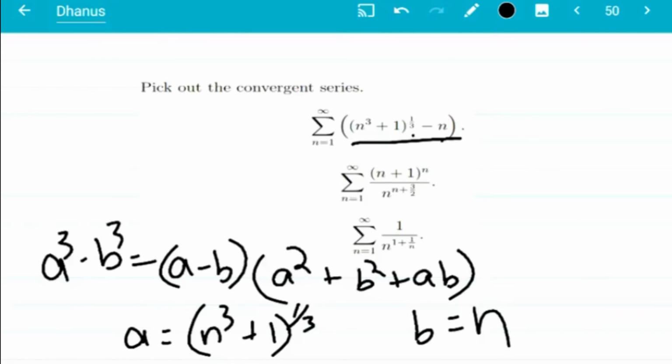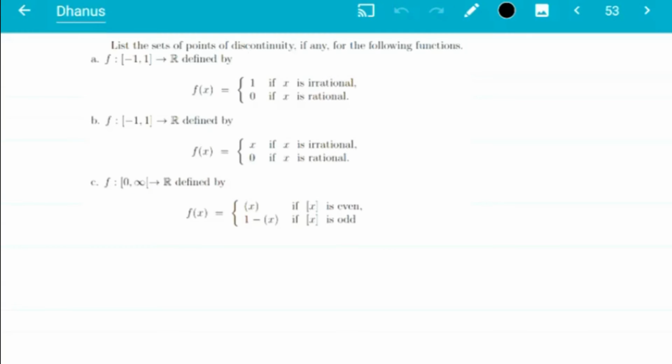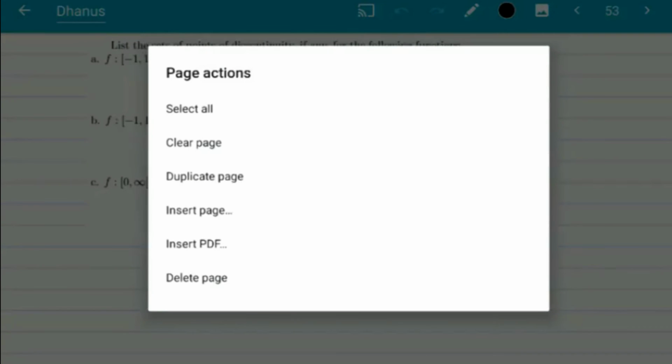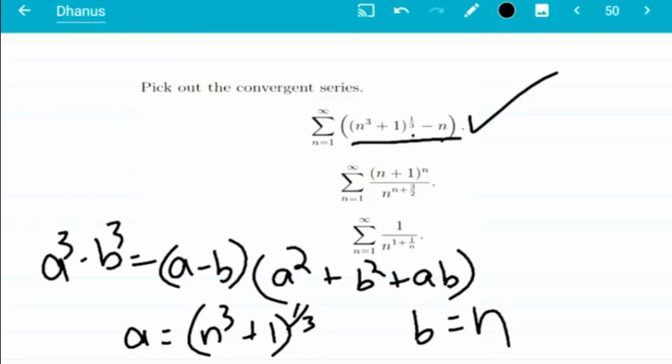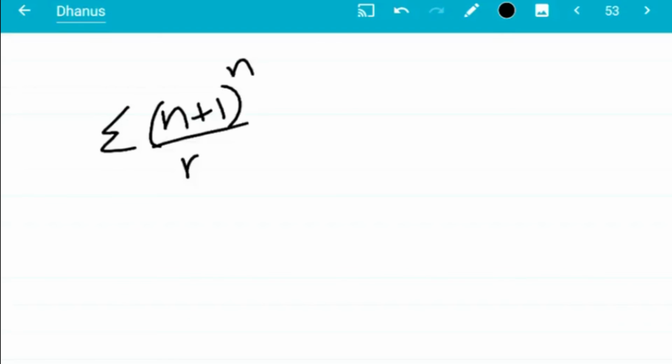Then what about the second option? The second option is n plus 1 all raised to n divided by n raised to n plus 3 by 2.